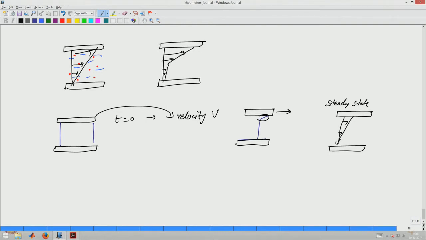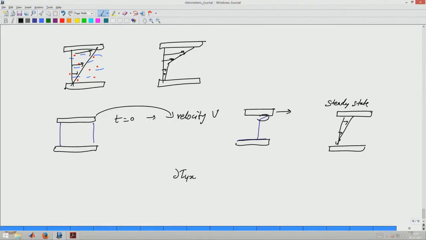Given that you are expecting some part of the material to flow, that means the stress is higher than the yield stress. If you look at the linear momentum balance, or the equation of motion, for a parallel plate geometry, it says ∂τyx/∂y is equal to 0, which means τyx is constant.